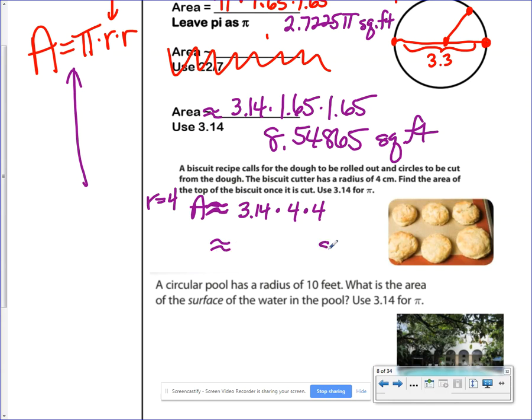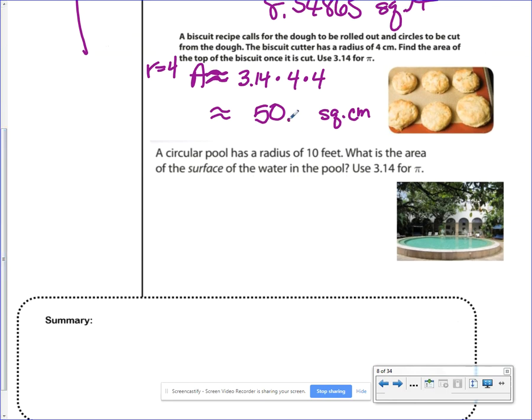I know my answer is going to be in square centimeters. Label that and figure this out. 16 times this, that'd be 48, so it's going to be more than 48, probably closer to 50. And sure enough, 50.24. Boom, there's your answer.